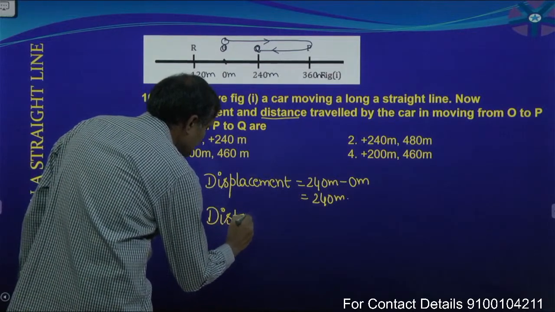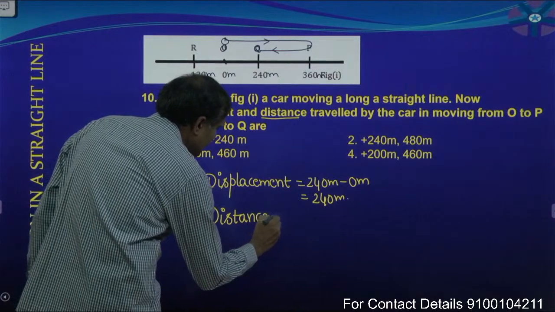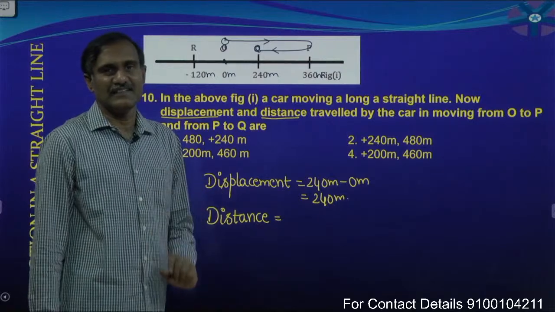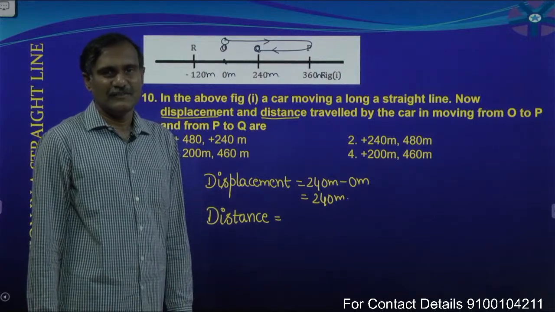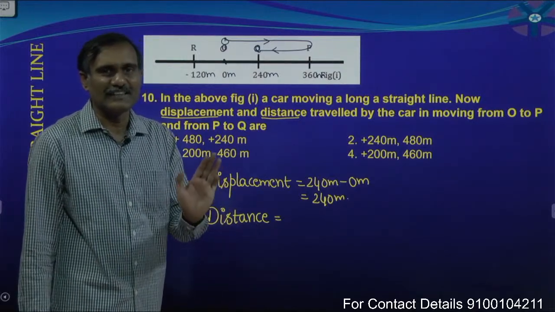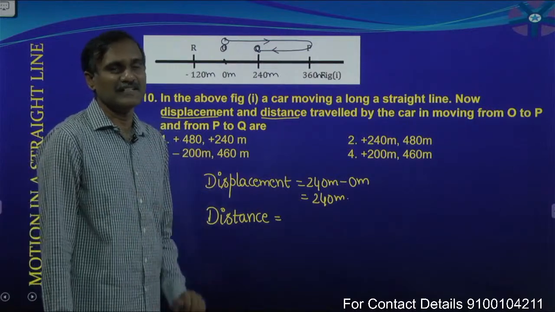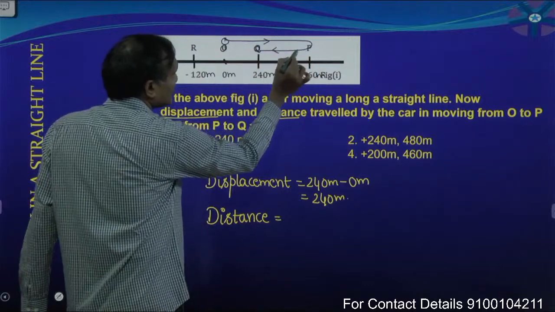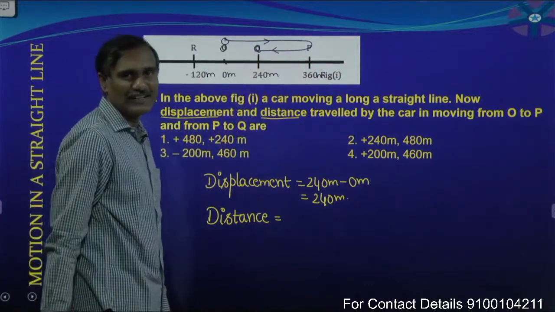What about the distance travelled by the particle, or the path length of the particle? Path length is the actual length of the path travelled by the particle. This one we are going to calculate.